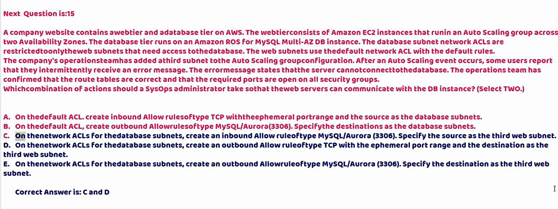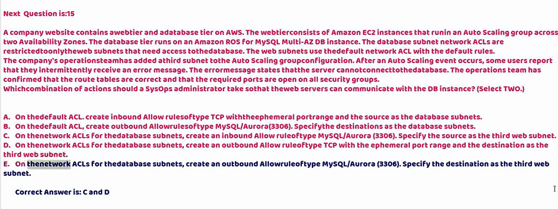C. On the network ACLs for the database subnets, create an inbound allow rule of type MySQL/Aurora 3306. Specify the source as the third web subnet. D. On the network ACLs for the database subnets, create an outbound allow rule of type TCP with the ephemeral port range and the destination as the third web subnet.